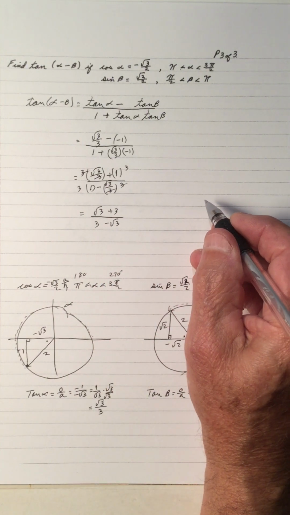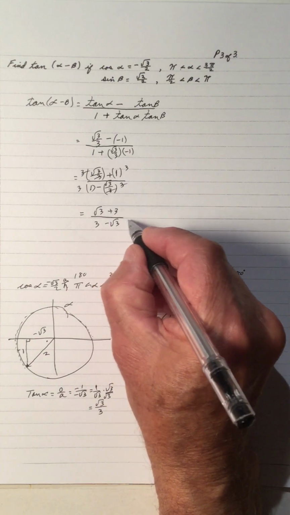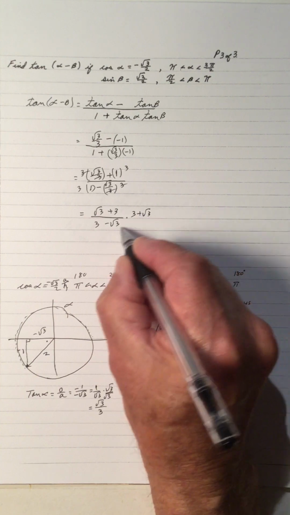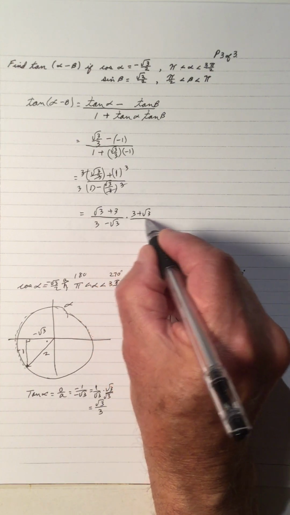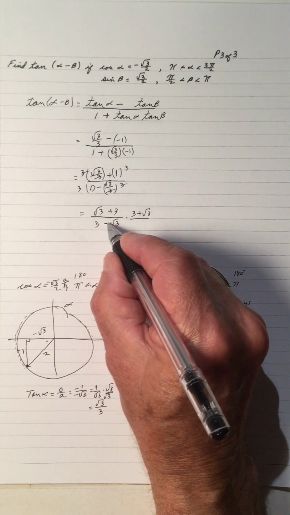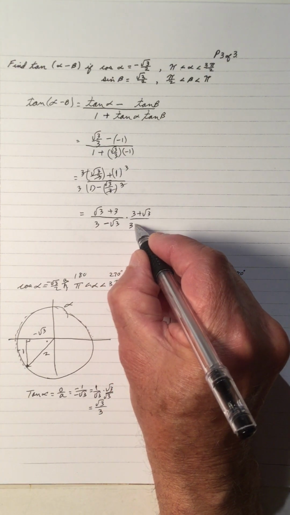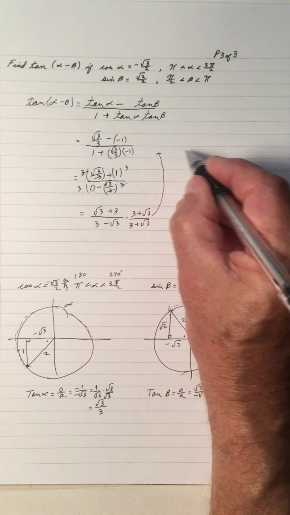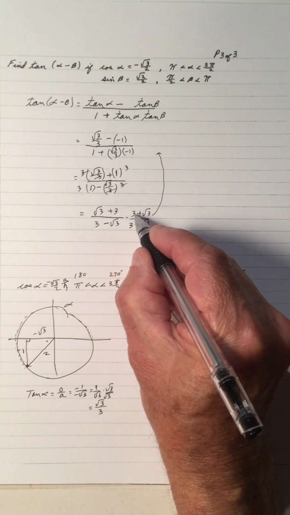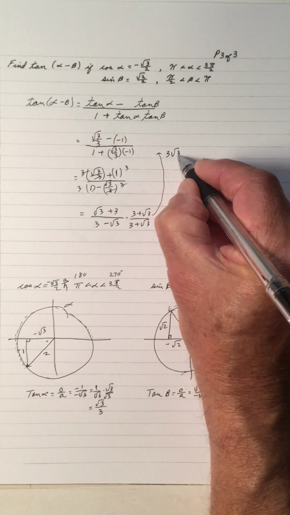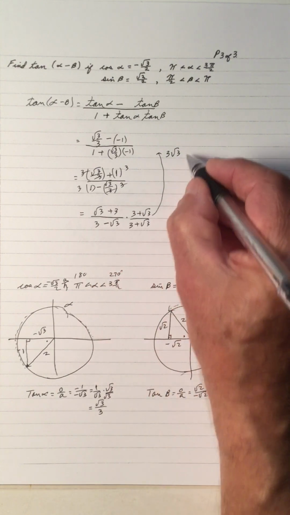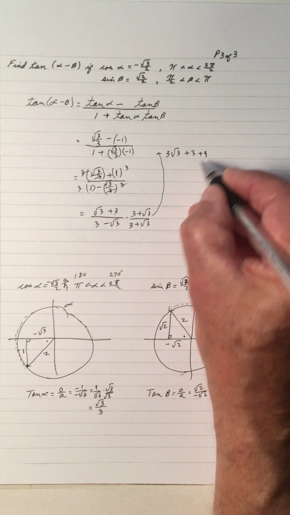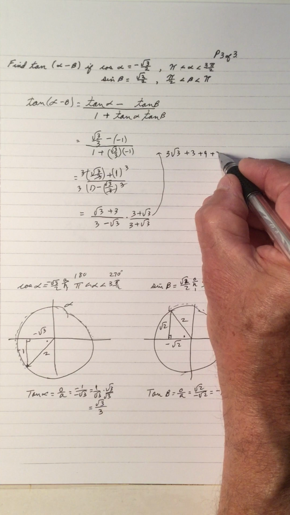Normally, to rationalize, we're not supposed to have a radical in the denominator, so we multiply by its conjugate, which is 3 plus √3. The conjugate means we keep the two terms and change the negative to a positive. I'll do the multiplication up right here. √3 times 3 is 3√3. √3 times √3 is 3. 3 times 3 is 9. 3 times √3 is 3√3.